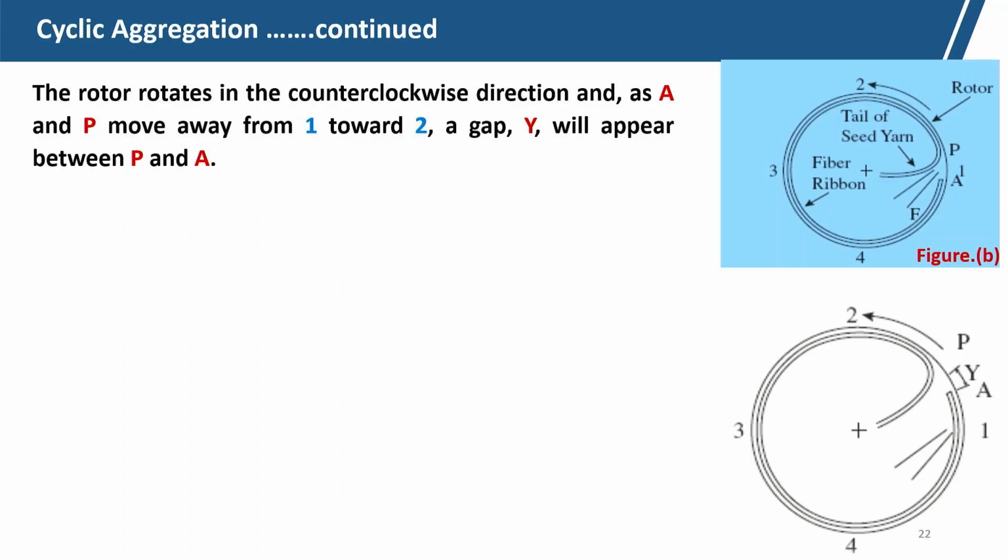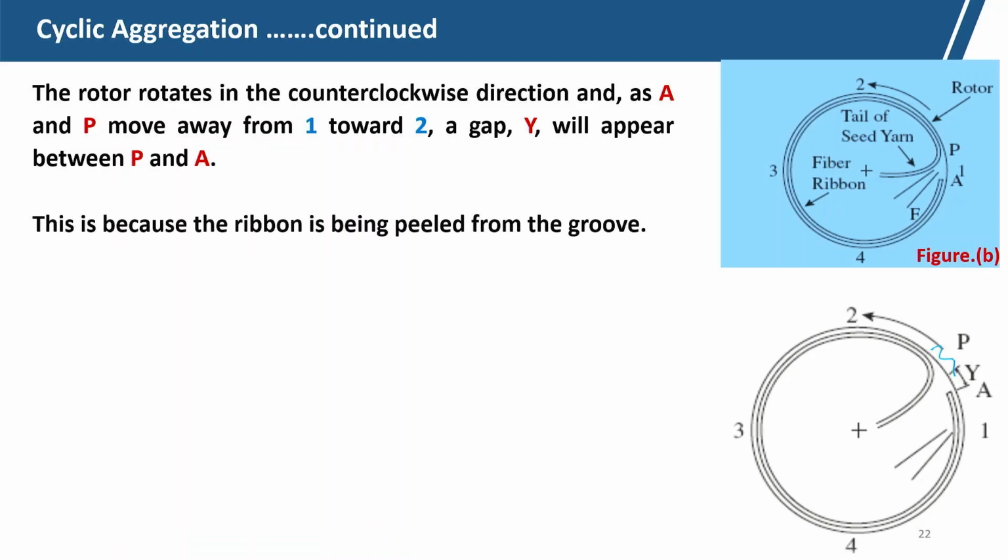Gap y will appear between P and A. This is because the ribbon is being peeled from the groove. So, as the ribbon is being peeled from the groove, that will generate the gap.